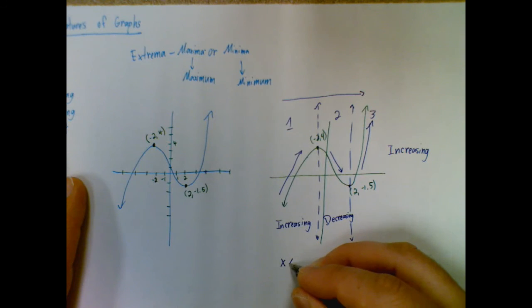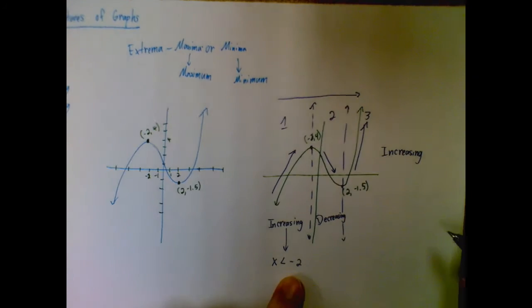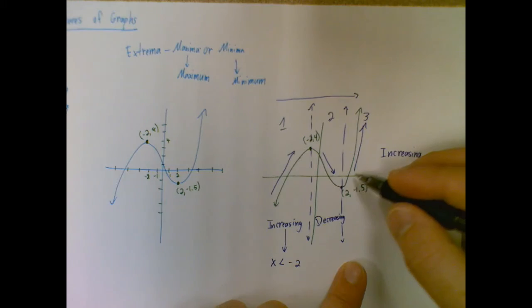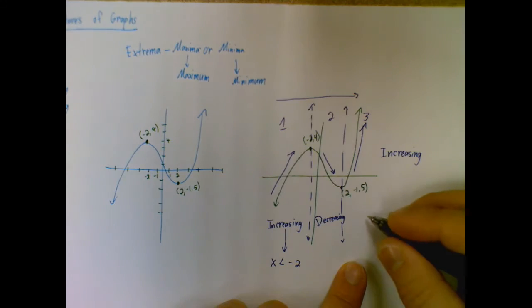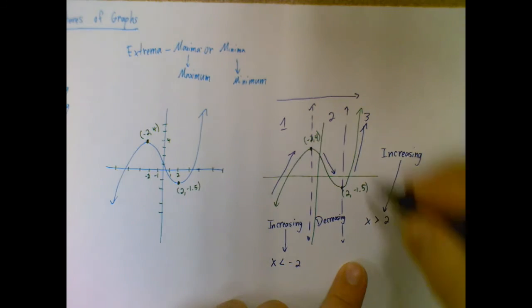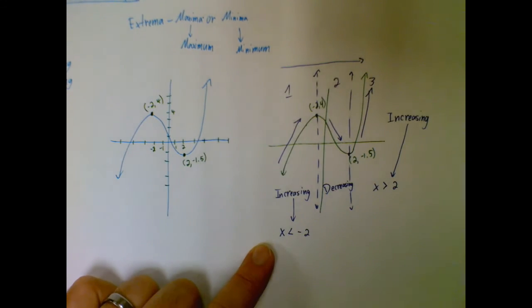So x is less than -2 would be an increasing section here. We'll get to the middle one in a second because it's a little different. For this one, I want all the points that are greater than 2. So I'm going to write x is greater than 2, and that would be when it's increasing on this side. So my two spaces where it's increasing are when x is less than -2 or when x is greater than 2.